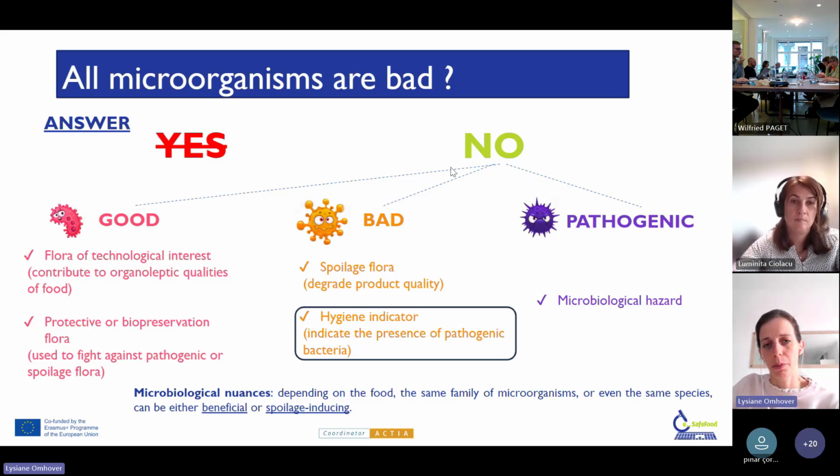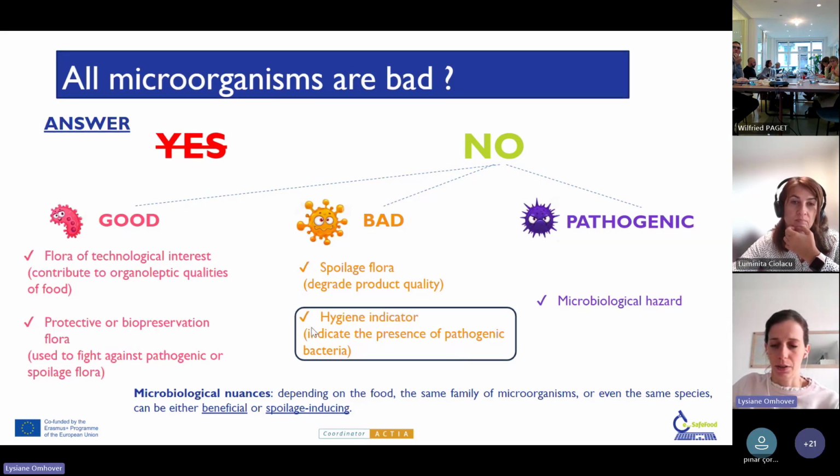You can find also bad microorganisms, and in this category we found microorganisms involved in spoilage that degrade the product, and also we can find hygiene indicators. And the third category is pathogenic bacteria.